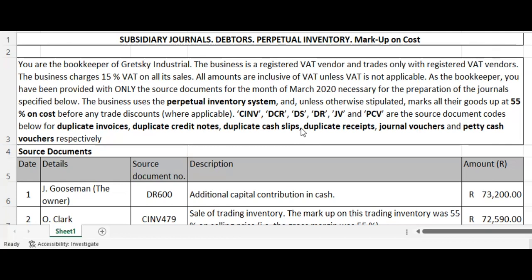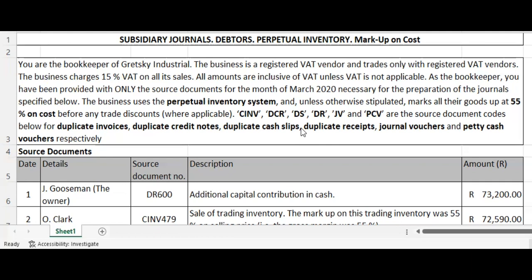So they will take an article that is, say, 100 Rand, 55% of 100 is 55 Rand, and then they will sell that article for 155 Rand. That's what it means when they say that the goods are marked up at 55% on cost before any trade discounts.